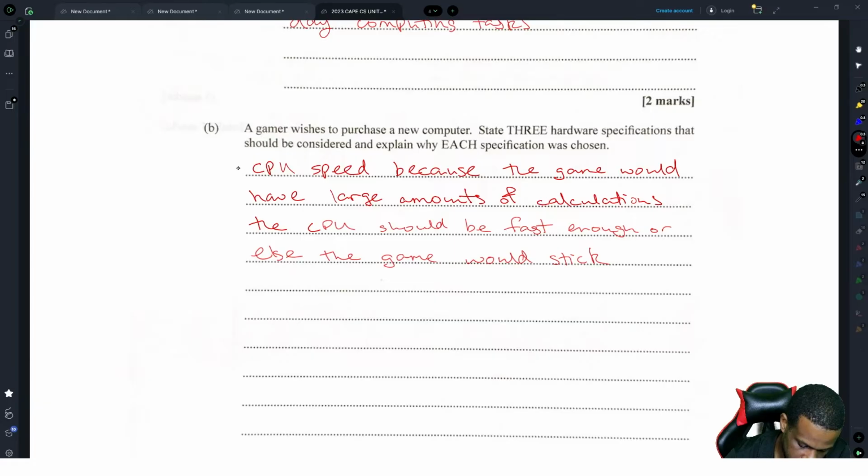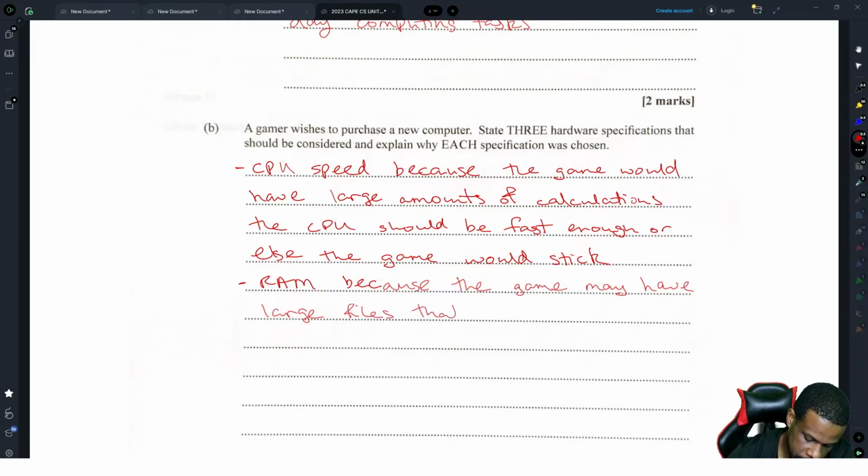Next one will be RAM, because the game may have large files that need to be accessed regularly. Large RAM would make it easy to access.